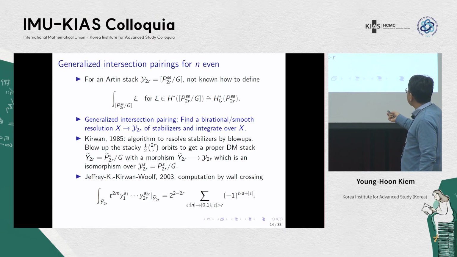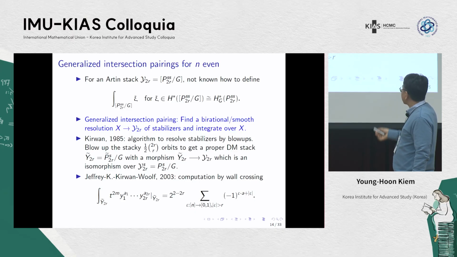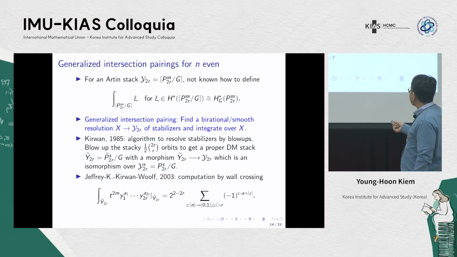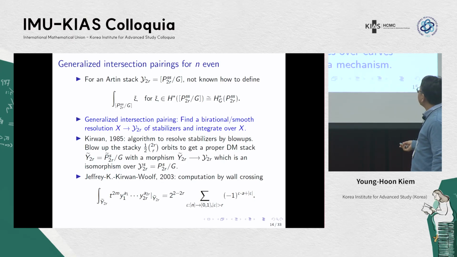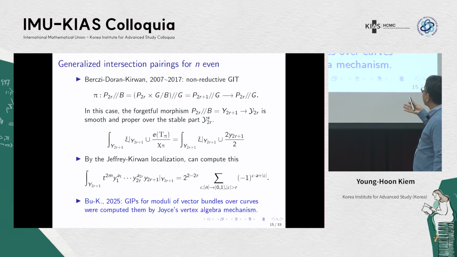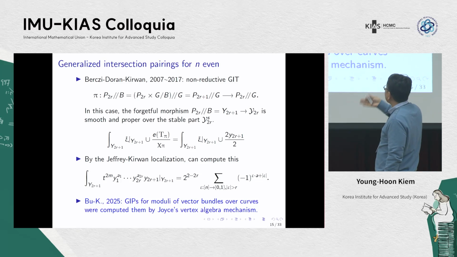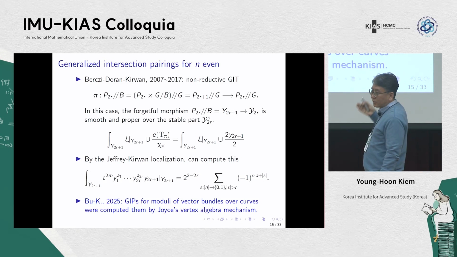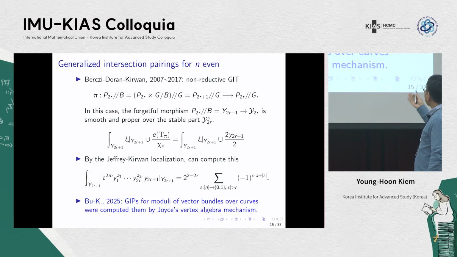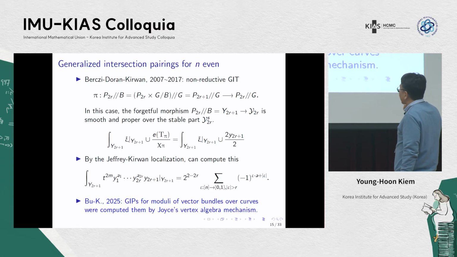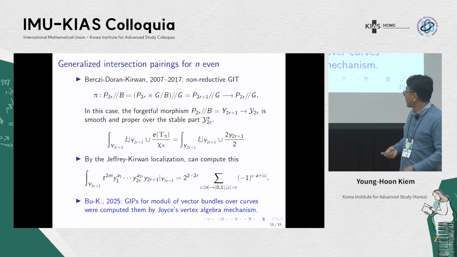Using that, you can compute the intersection pairing in the partial desingularization. And the formula is given in this manner. And then there are other ways to think about generalized intersection pairings, for instance, by non-reductive GIT. That can also be computed quite explicitly by using Jeffrey-Kirwan localization.